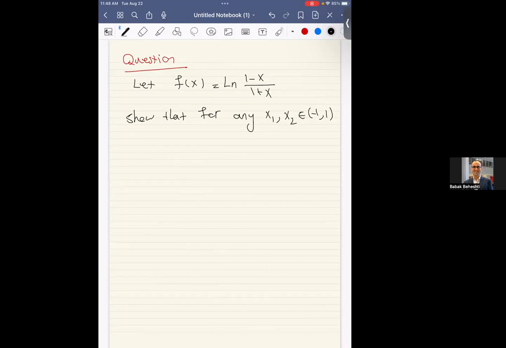But the important thing is to show that for any x1 and x2, f of x1 plus f of x2 is equal to f of x1 plus x2 divided by 1 plus x1 times x2.